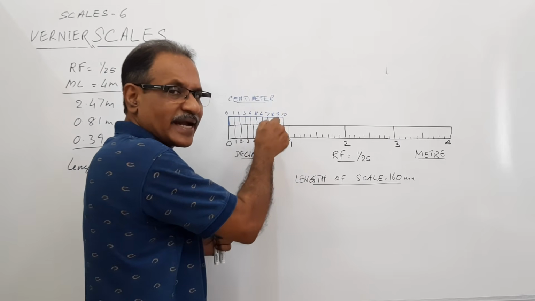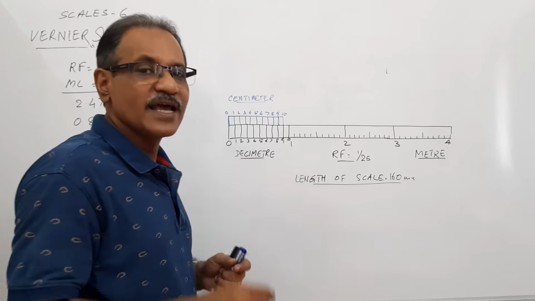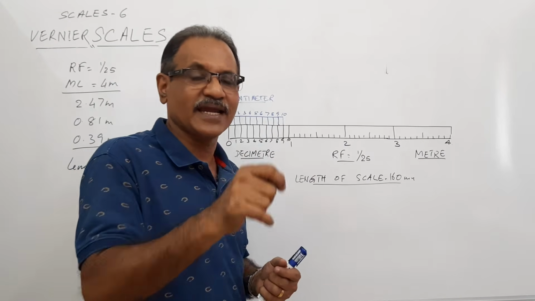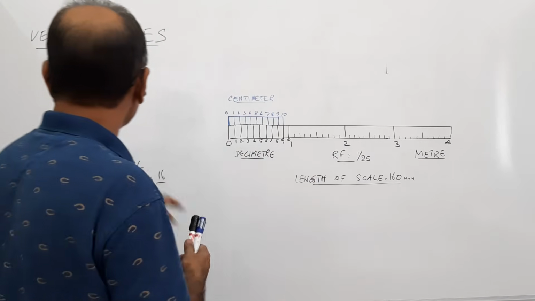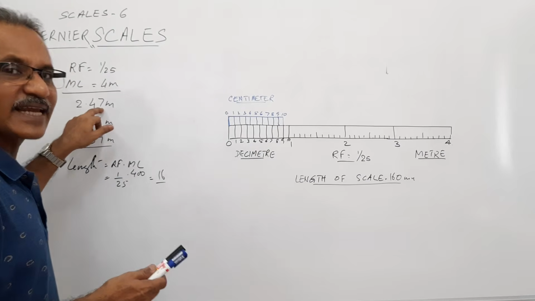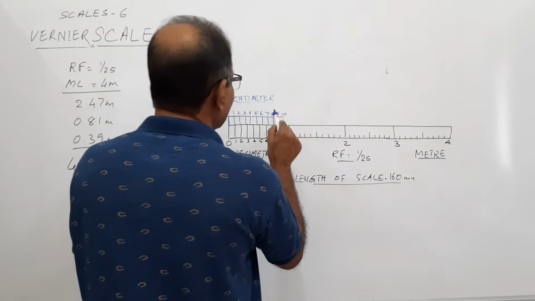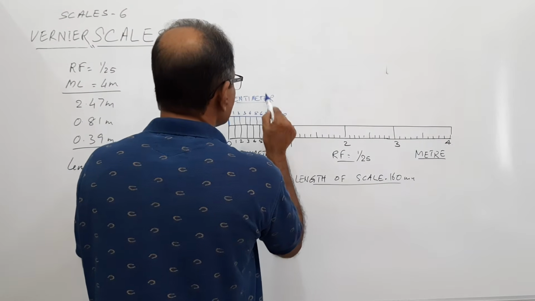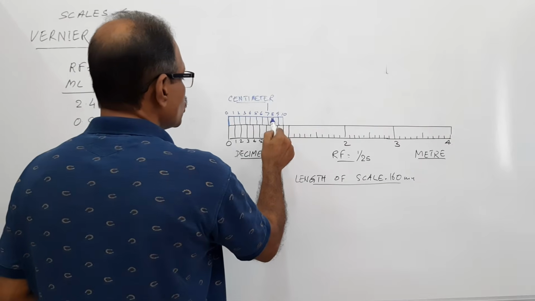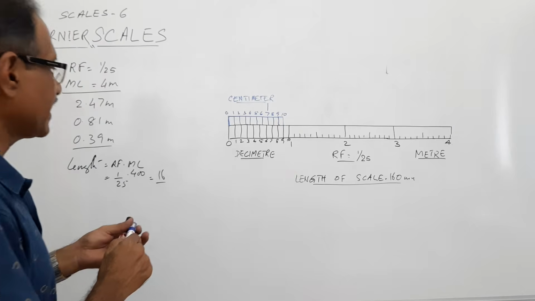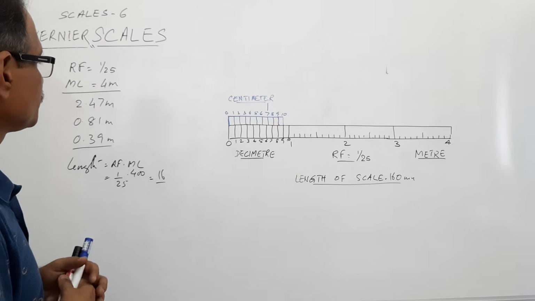Each division is 0.9 decimeter equals 9 centimeter. Which multiple of 9 ends in 7? It's a 3, isn't it? 9 into 3 is 27. So you have already decided to take 3 divisions from here, 1, 2, 3 divisions, which end with a 7. Agreed?